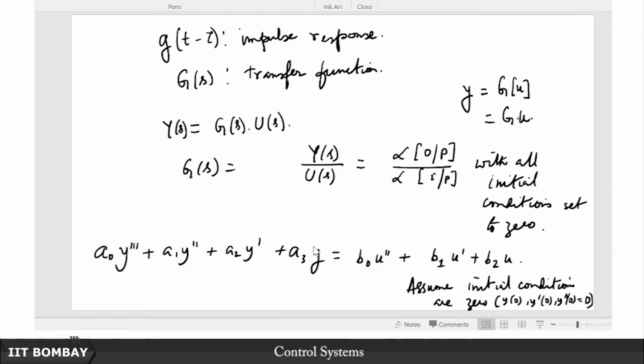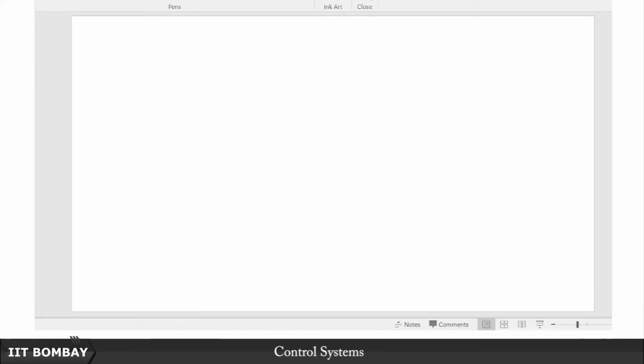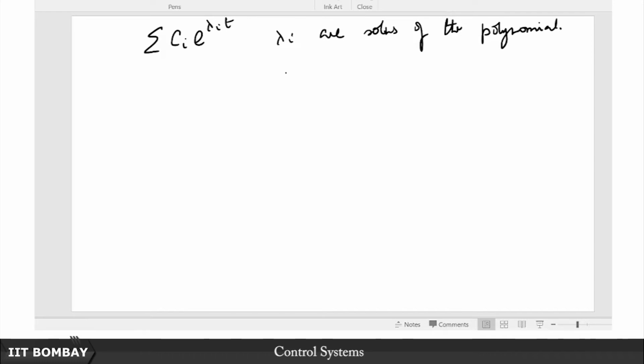Remember in a lesson on differential equations, you first had to take the complementary function, take a polynomial and solve for its roots, and you saw that the solution was of the form summation c_i e to the power lambda_i t, where lambda_i are the roots of the polynomial, say a0 s cubed plus a1 s squared plus till a3 equal to 0.